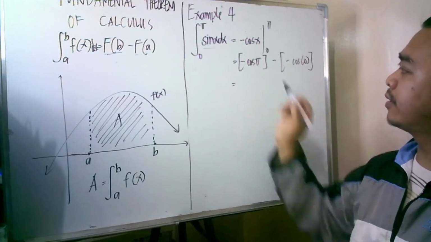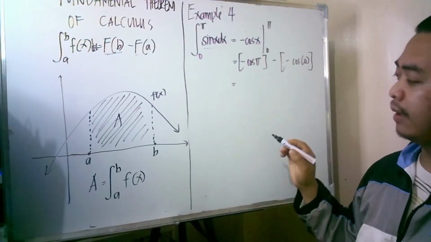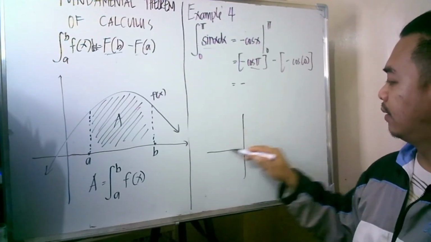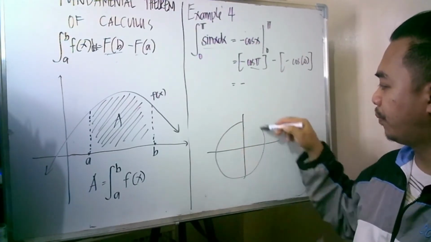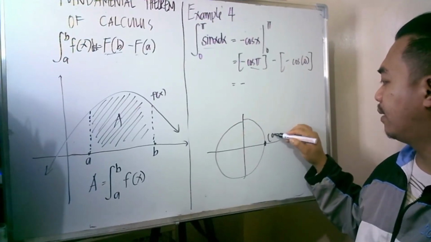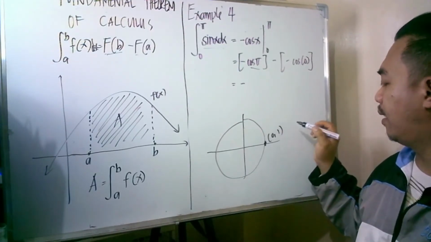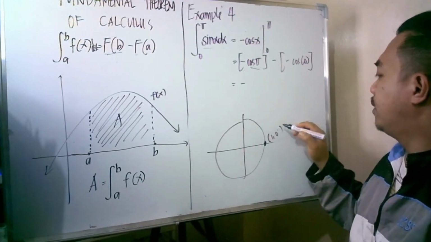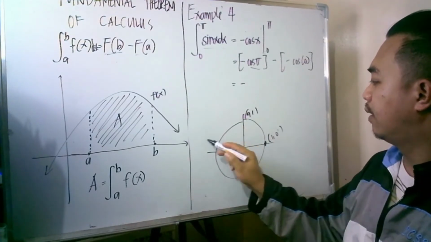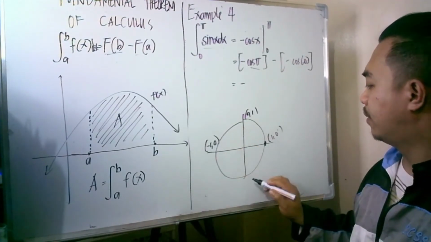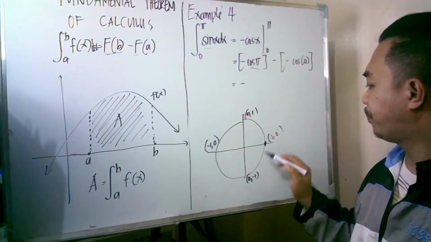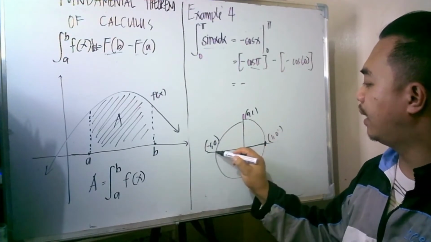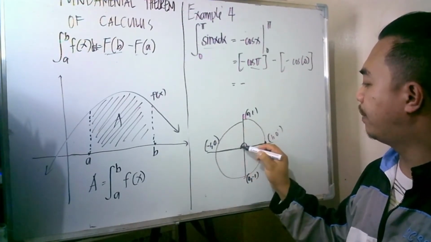Ayan. Ano yung cosine of pi? Diba sa unit circle natin, alam natin yan na 0, 1, 1, 0, negative 1, 0, 0, negative 1. So kung ang angle natin ay 0, nandyan. Pero kung yung angle natin ay pi, nandyan din yung angle pi.